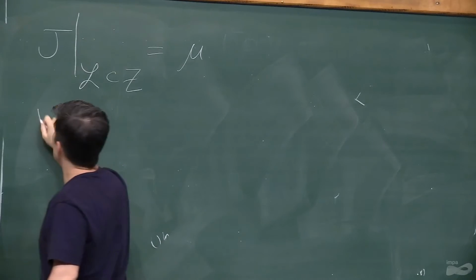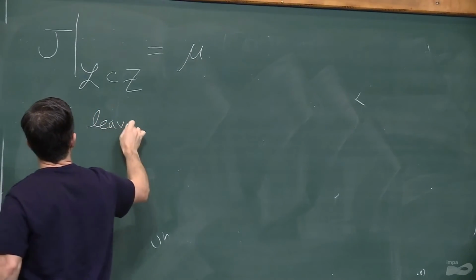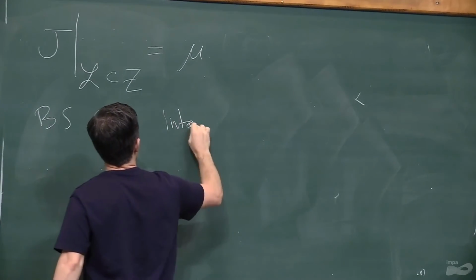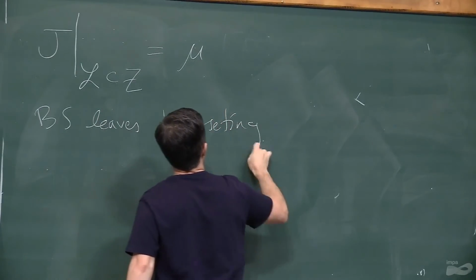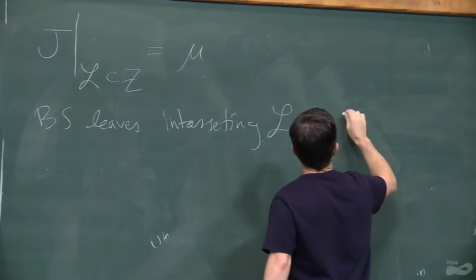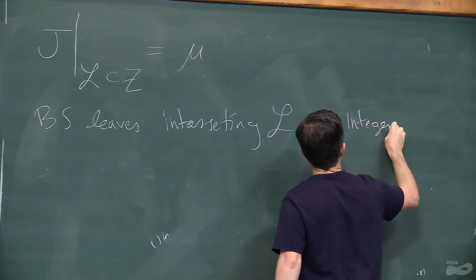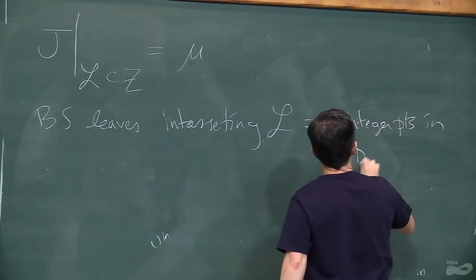And so this means that the Bohr-Sommerfeld leaves which intersect L are exactly the integer points in the Delzant polytope.